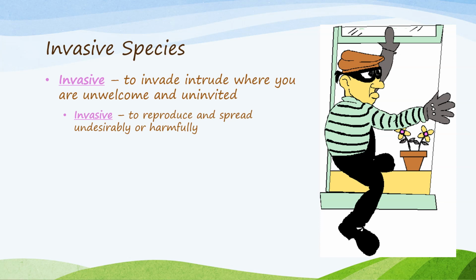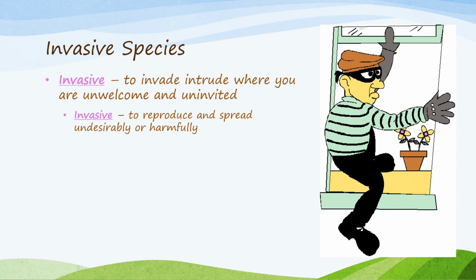So we can use that information to understand that an invasive species is definitely a harmful species. But there is more to it than that. Notice how the first definition explained how invasive means uninvited and unwelcome. When we talk about an invasive species, that means it is also uninvited and unwelcome, meaning it doesn't belong there.